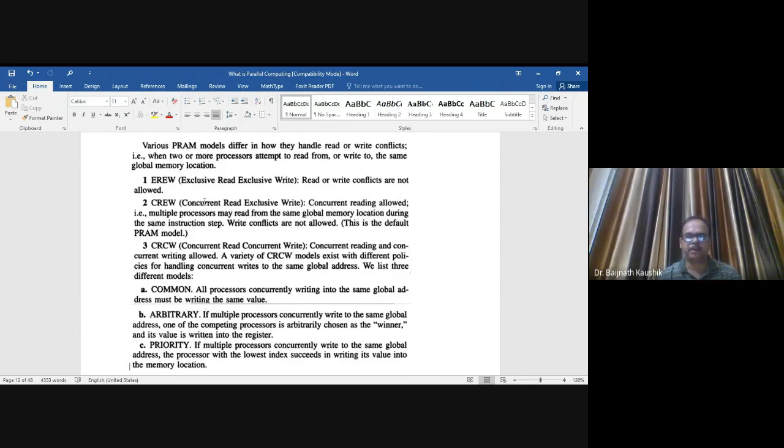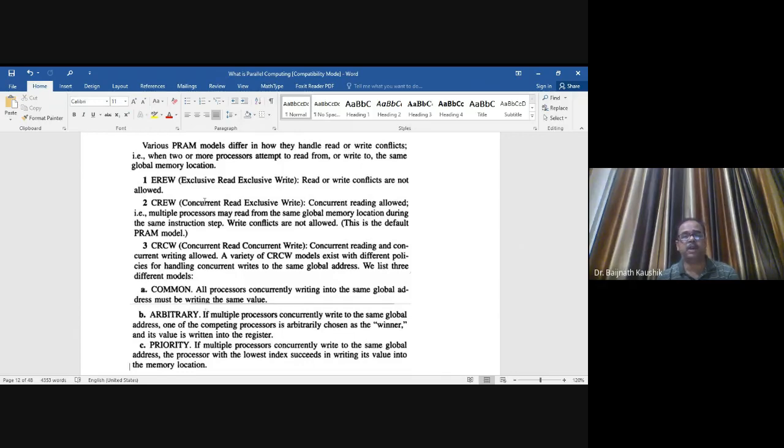And the second type of model is CREW, that is concurrent read and exclusive write. In concurrent read, it allows multiple processors to simultaneously read the data from the same shared global memory, but they all read the data during the same instruction step.